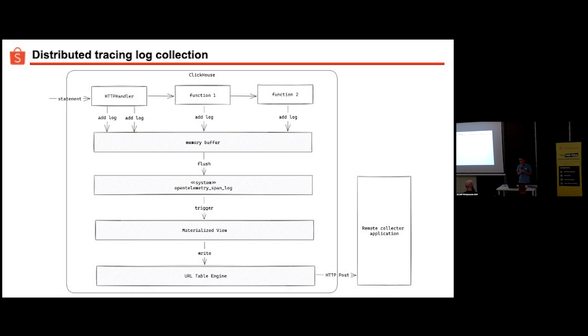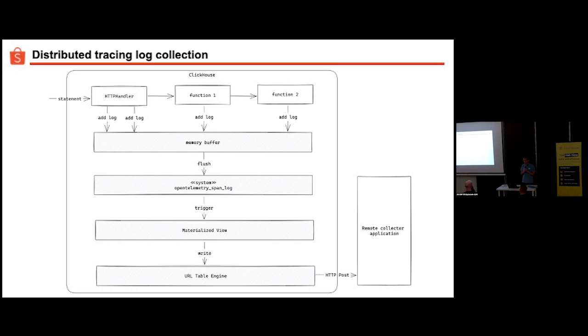When the distributed tracing logs are generated during the processing, they will first be written to a memory buffer, and ClickHouse will periodically flush the data in the memory buffer to the system table. And we use a materialized view, as introduced by Derek before. It will be triggered whenever there is an insert on the system table.